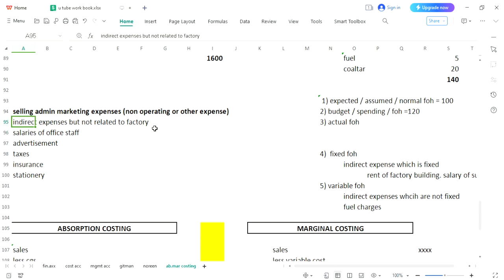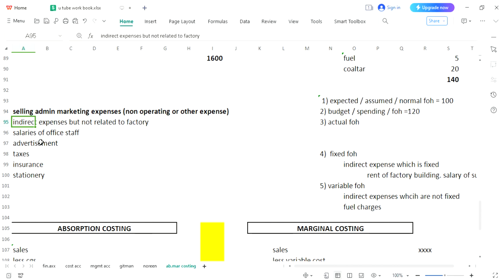When you see selling, admin and marketing expenses, these are their examples. Please keep in mind, all these expenses will not be happening inside the factory, so these are indirect expenses but not related to the factory.